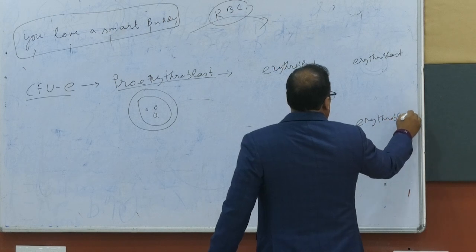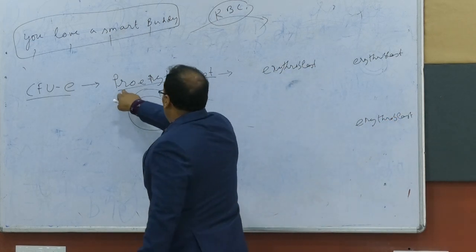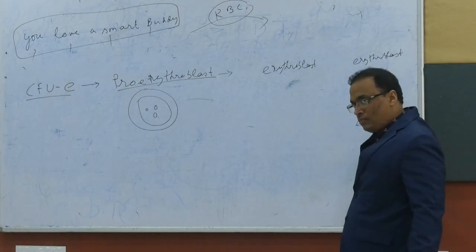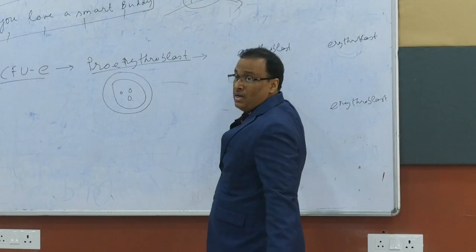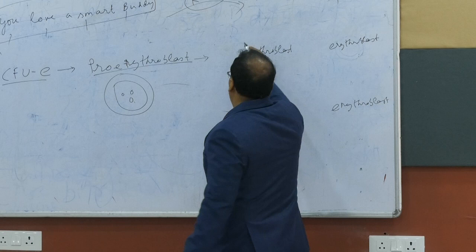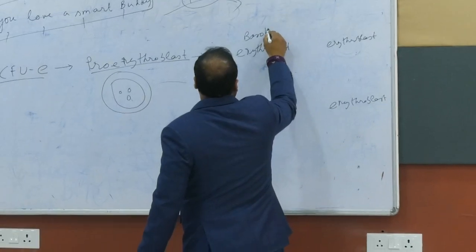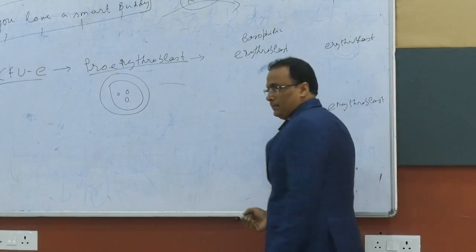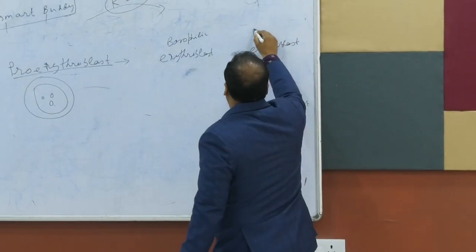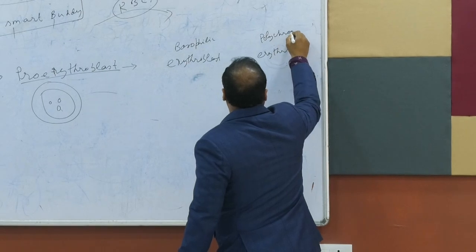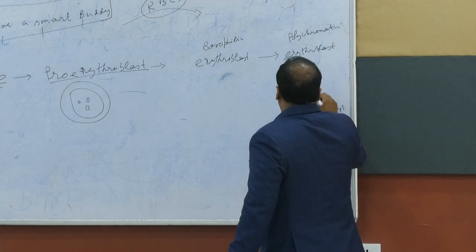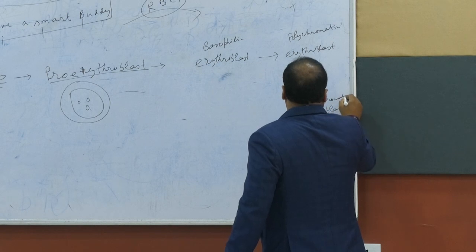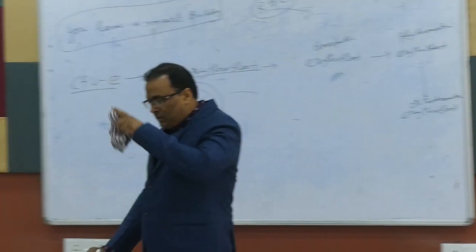So I am writing it very simply: pro, then erythroblast. The names will be different. Why? After the proerythroblast will come the basophilic erythroblast, then the polychromatic erythroblast, then the orthochromatophilic erythroblast. Understood?